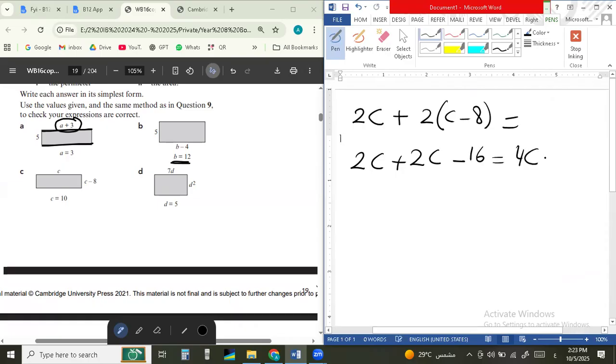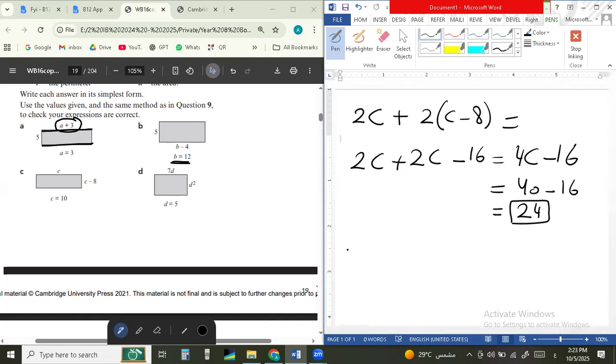So it is 4C minus 16 equals 4 multiplied by C when C is 10. So 40 minus 16 gives you 24.